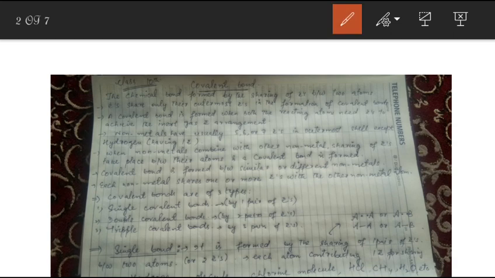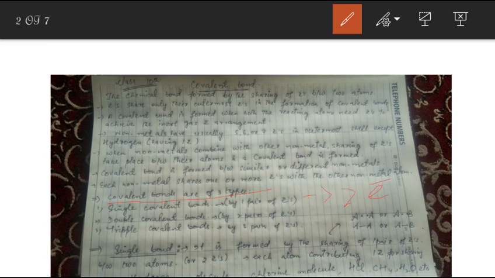Now we will see how a covalent bond is formed and how many types of covalent bond there are. In general, covalent bonds are of three types. The first is the single covalent bond, formed by one pair of electrons, or two electrons.